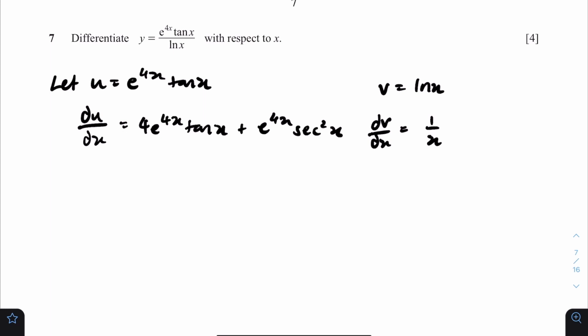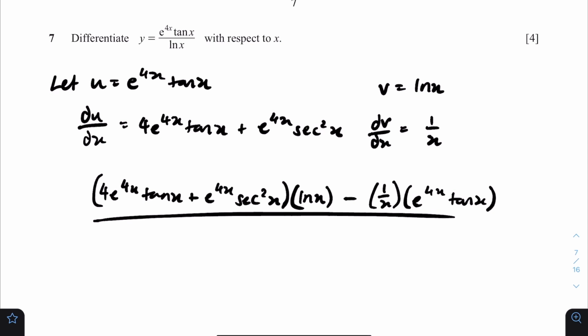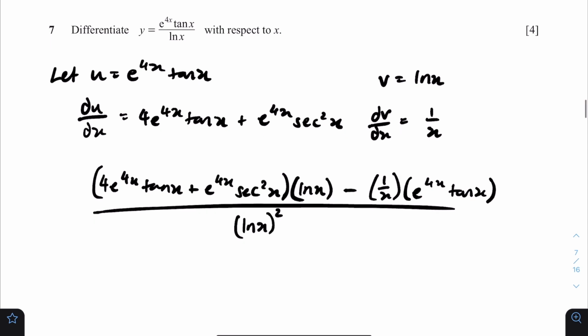Now let's substitute into the quotient rule. The first thing we have to do is put the derivative of u in. So you get 4e to the power of 4x tan x plus e to the power of 4x secant squared x, times v, which is ln x, minus the derivative of v, which is 1 over x, times u, which is e to the power of 4x tan x, over v squared, which is ln x squared.